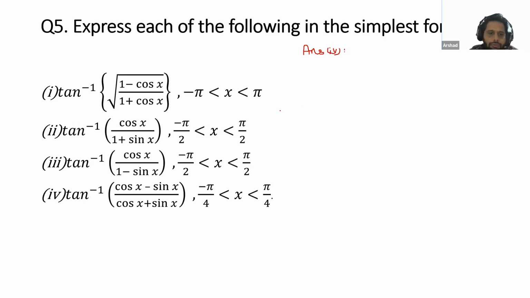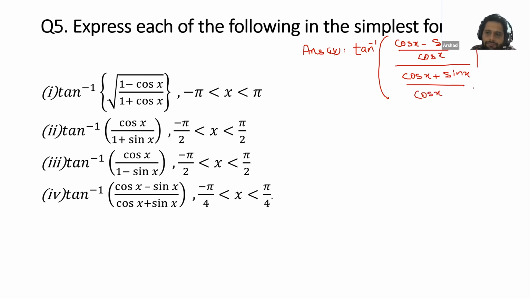Okay, answer 4. So Atif has already given this hint that we can divide this expression with cos. We have cos x minus sin x in the numerator and cos x plus sin x in the denominator, inside tan inverse.